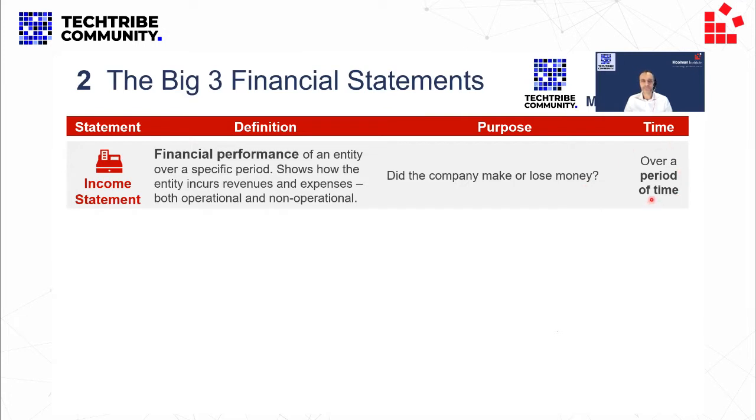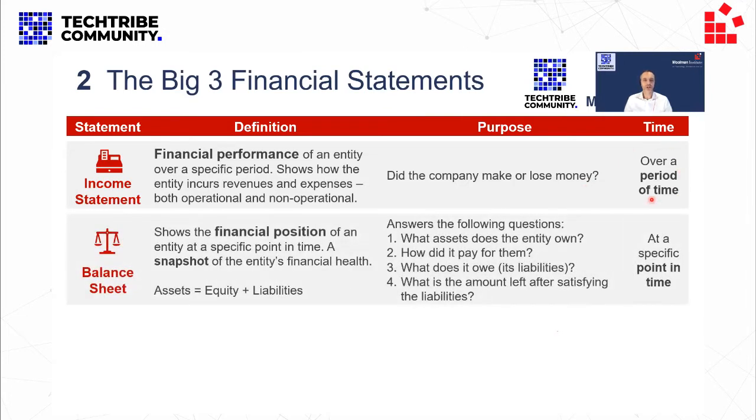The second big financial statement is the balance sheet. And that shows the financial position of an entity at a specific point in time. It's really a snapshot at a specific point in time of the entity's financial health. And it's structured according to that fundamental equation that we've already spoken about, that the assets must be equal to the equity and liabilities.